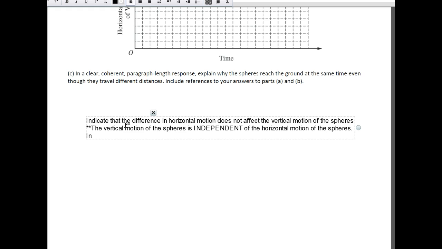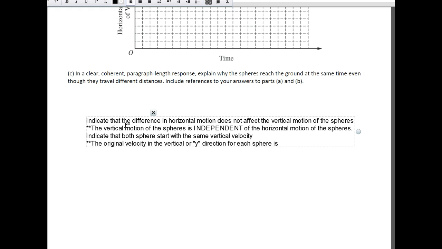The next one is to indicate that both spheres start with the same vertical velocity. Essentially all you'd have to do is say the original velocity in the y direction for each sphere is the same. That one was pretty easy.